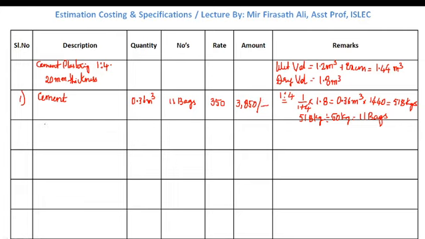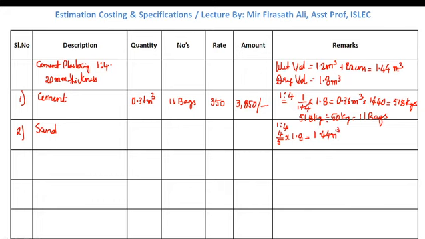The next is to calculate sand. As we know, how to calculate sand? For 1:4, it is 4 by 5 into 1.8, which is equal to 1.44 meter cube.